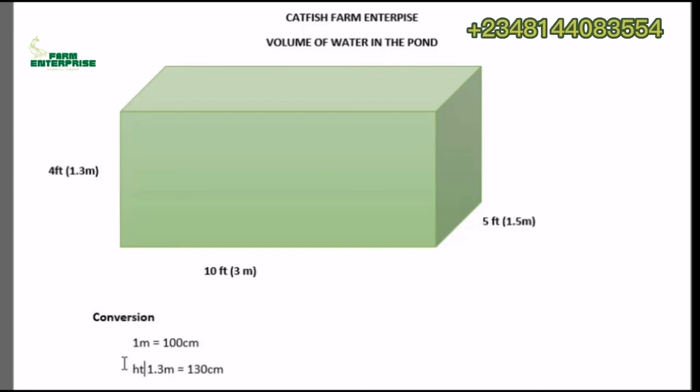Then the next is the length of the pond. The length of the pond is 3 meters, which is equal to 300 centimeters. So we have 300 centimeters for the length.